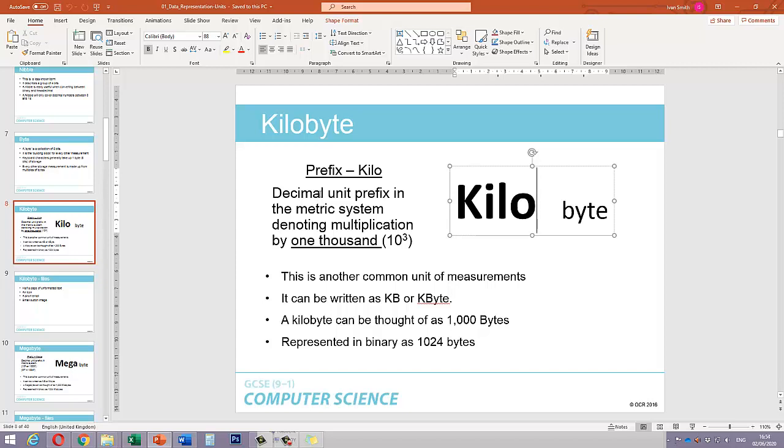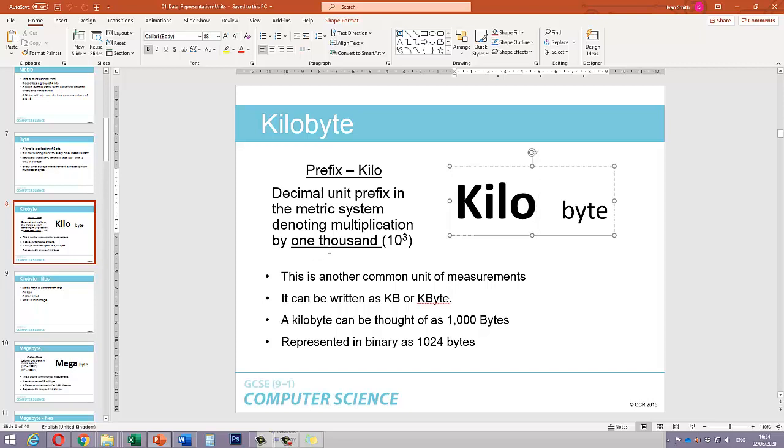For instance, a kilometre, a kilogram, it's part of our standard decimal unit of measure that we typically use. And kilo typically means a multiplication by 1,000. So we are representing 1,000 when we say kilobyte.